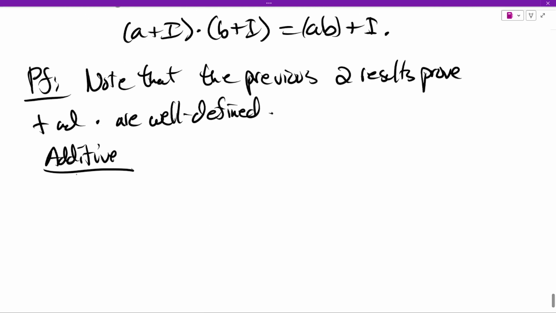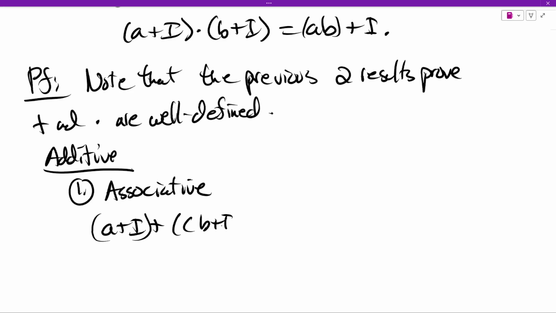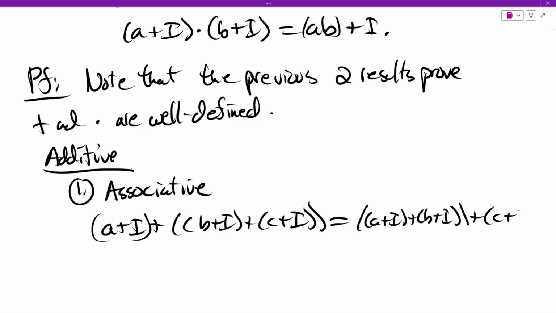The additive axioms first. The first additive axiom is that it needs to be associative, namely (A plus I plus B plus I) plus C plus I should be equal to A plus I plus (B plus I plus C plus I).